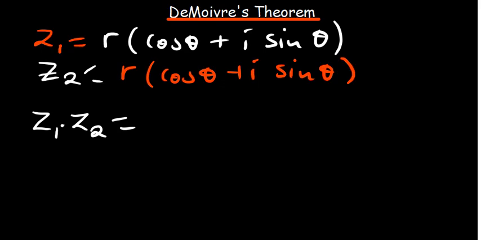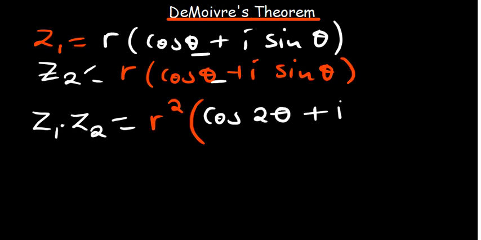In this case r multiplied by r, so it will be r squared. For the angles, we add. So theta plus theta is going to be 2 theta. The same applies to the other side, 2 theta, because they are identical. So that's what we have in such a case.